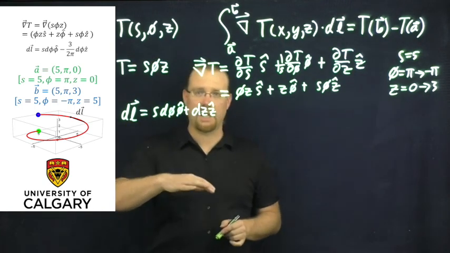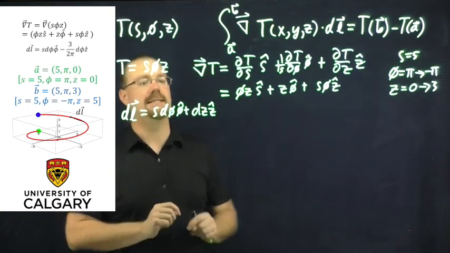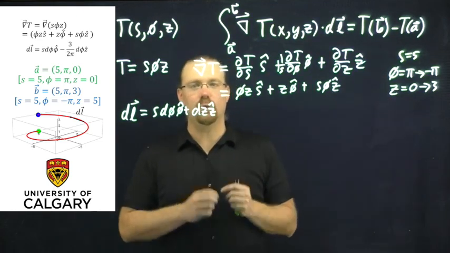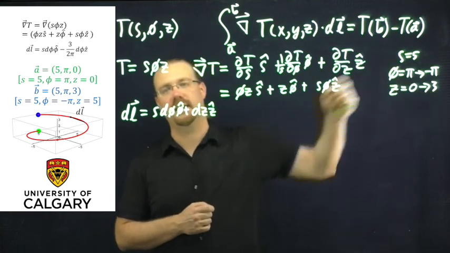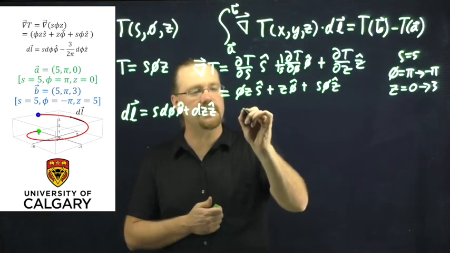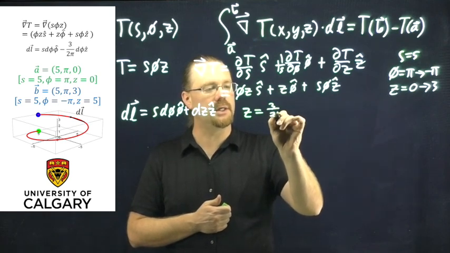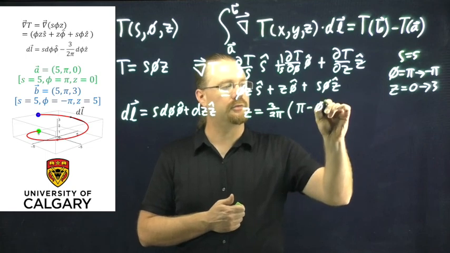In order to do our line integral, we're going to want a relationship between phi and z. S is constant, so when z equals 0, phi has to equal pi, and when z equals 3, phi has to equal negative pi. So z is 3 divided by 2 pi times pi minus phi.